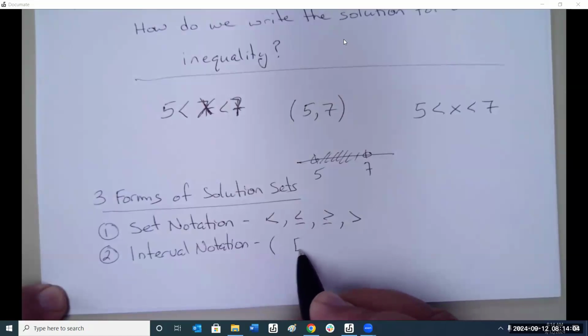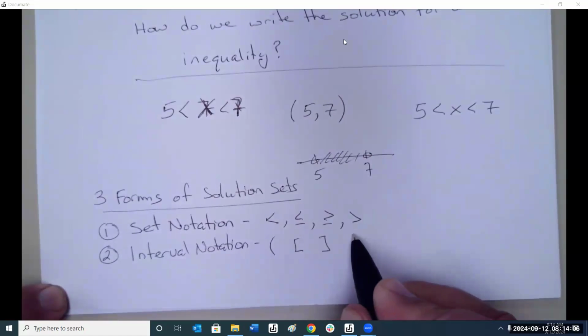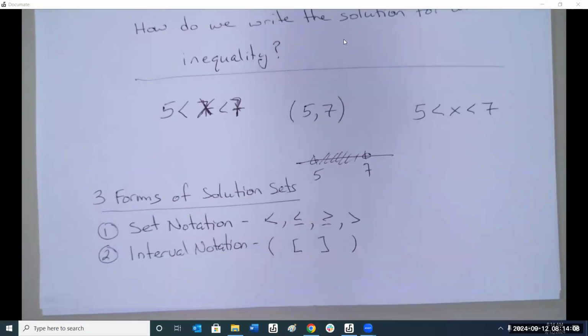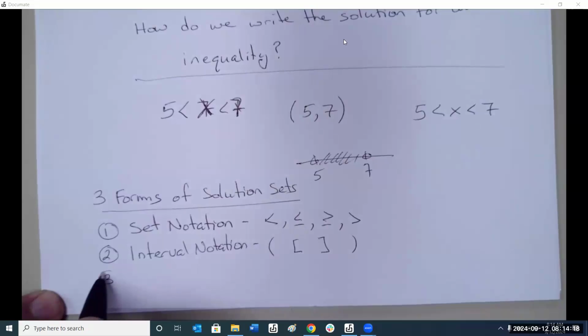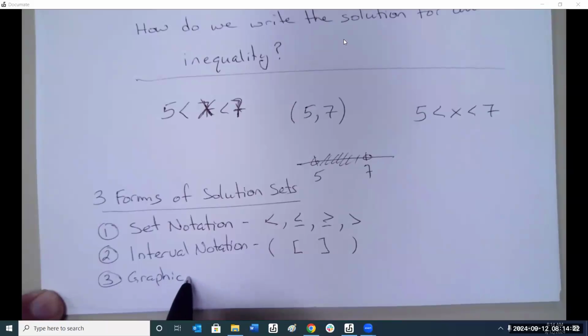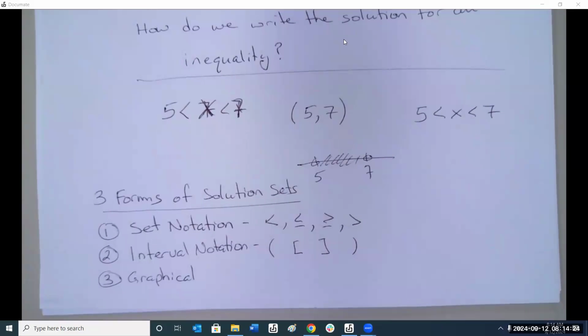And these correspond to these symbols. Then we have the graphical representation, the graph of it.